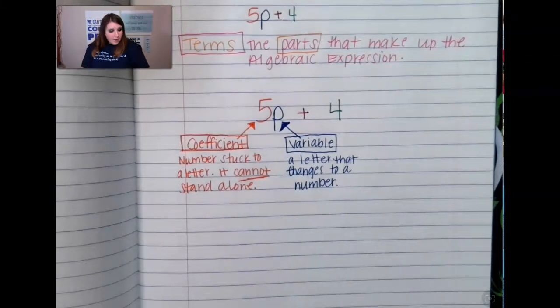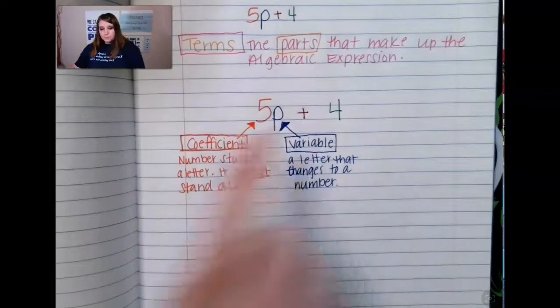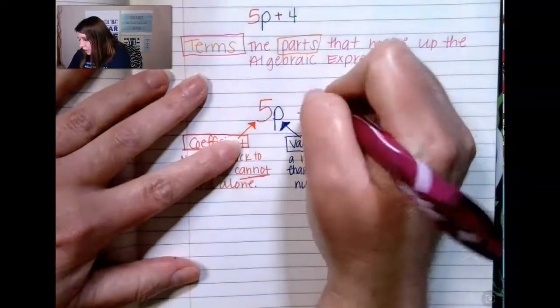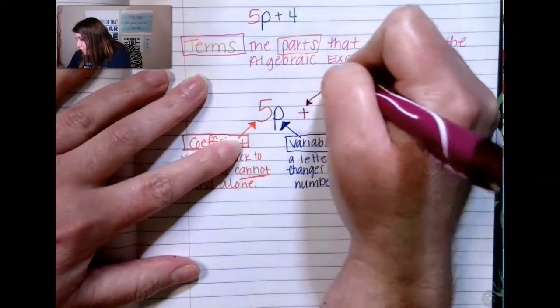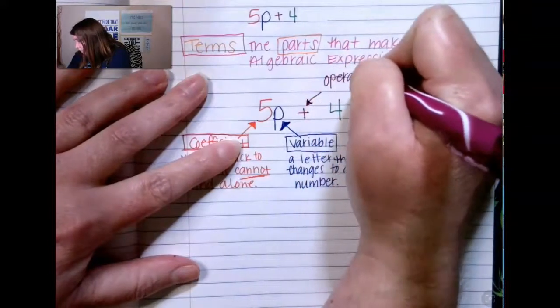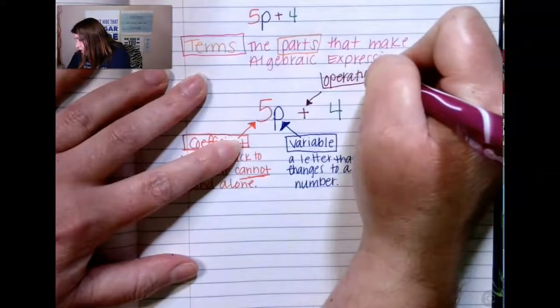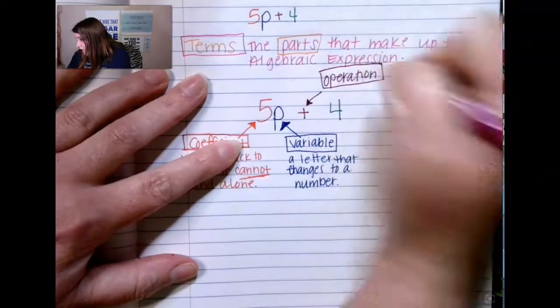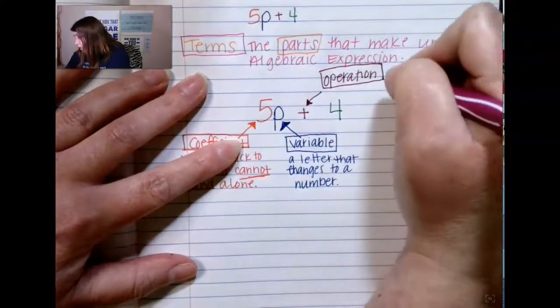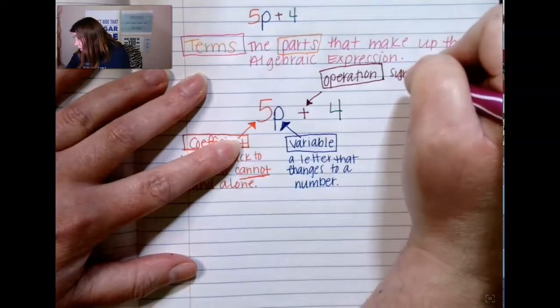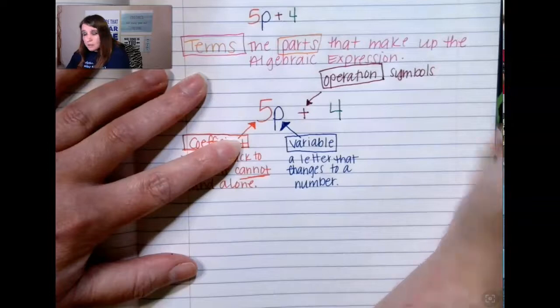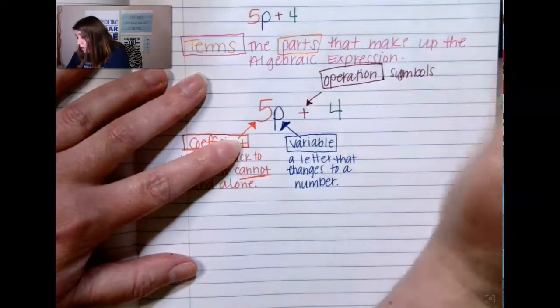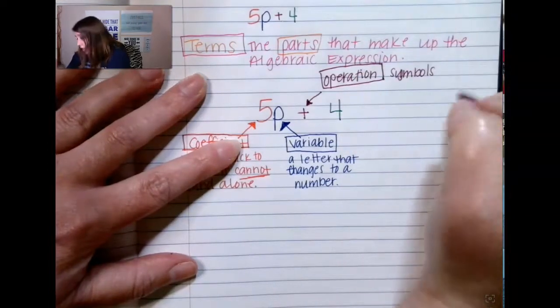All right. This plus sign is an operation, not like a medical operation like a doctor, but this is an operation. An operation are things like symbols, right? So these are symbols that tell us whether or not we are going to add, subtract, multiply, or divide.